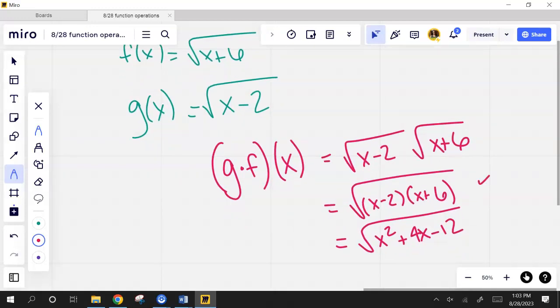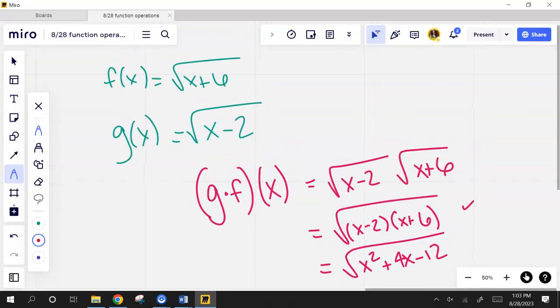But let's look at the domain individually. What's the domain of the first one?